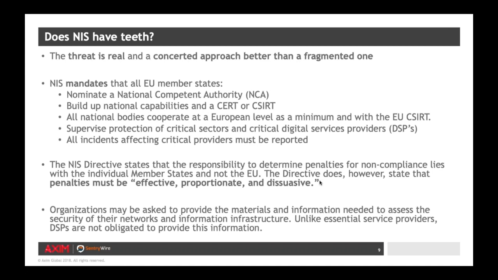That these national competent authorities supervise the protection of critical sectors, so they identify them and then they monitor the protection of those key industry sectors, and obviously that they also deal with all of the reporting of critical incidents. So, as mentioned before, the critical infrastructure providers are required under the directive to report any security incident they may face.